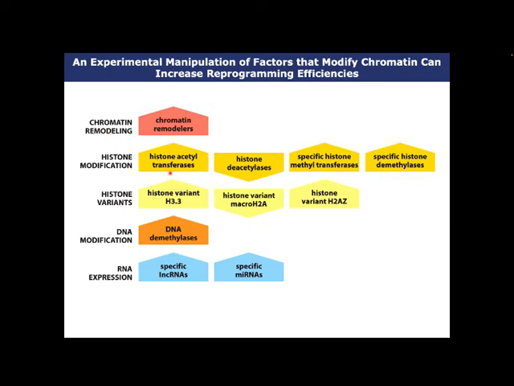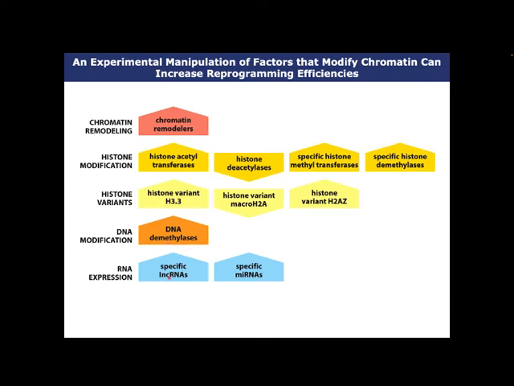Histone modifications, for example histone acetyltransferase, histone methyltransferase or demethylase expression, actually increase the reprogramming efficiency, although on the other hand, histone deacetylase expression makes the reprogramming process inefficient. Various types of histone variant expression also affect the efficiency of the reprogramming. And DNA demethylase is very helpful to erase the current methylation pattern in the somatic cells.